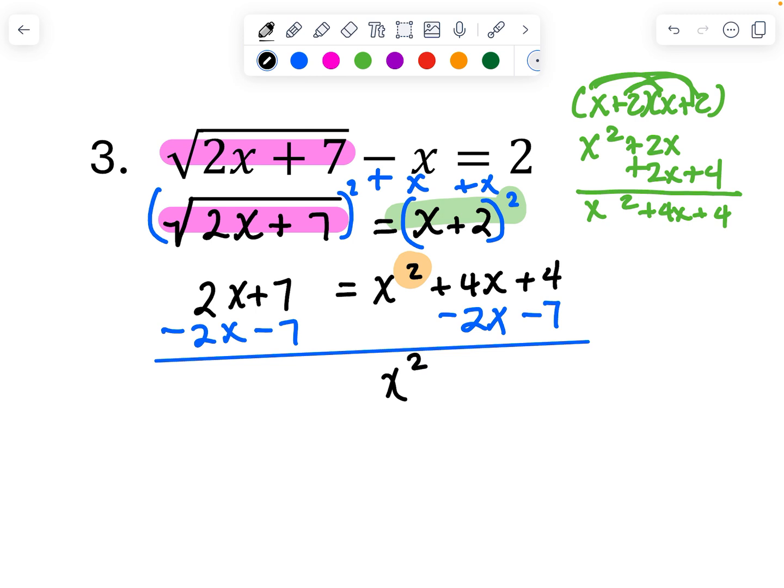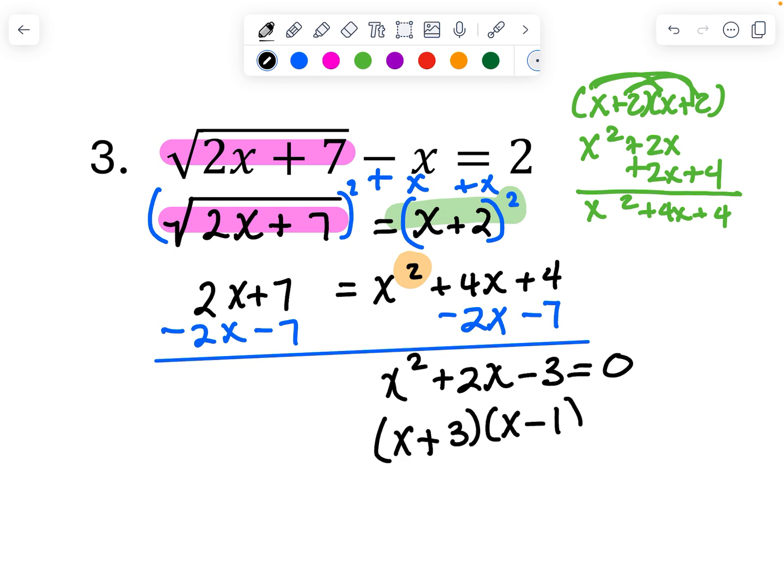But you have more things to move when you do that, and you end up with an equation you don't like to look at. So we set it equal to 0. Then we take the factors. The factors would be x plus 3 and x minus 1, because if you multiply them together, you get negative 3, and if you add them together, you get positive 2. So this x would equal negative 3, and this x would equal 1.